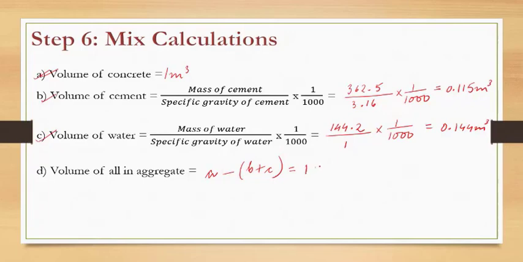So A is 1 minus B is 0.115 plus C is 0.144, and this we get as 0.741 meter cube. So this is the volume of all-in aggregate.